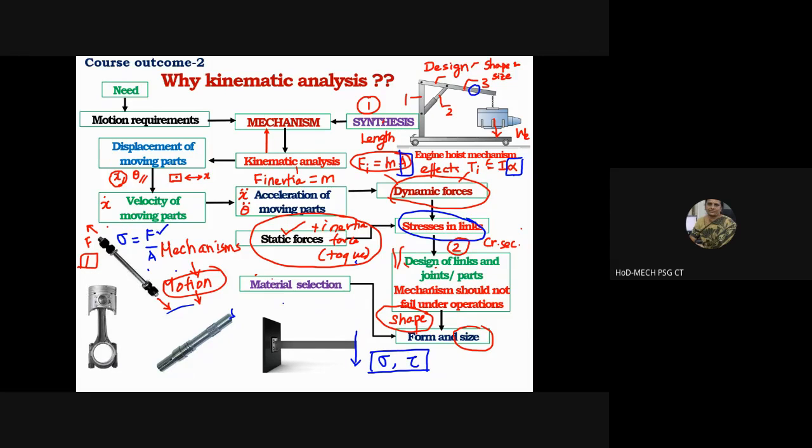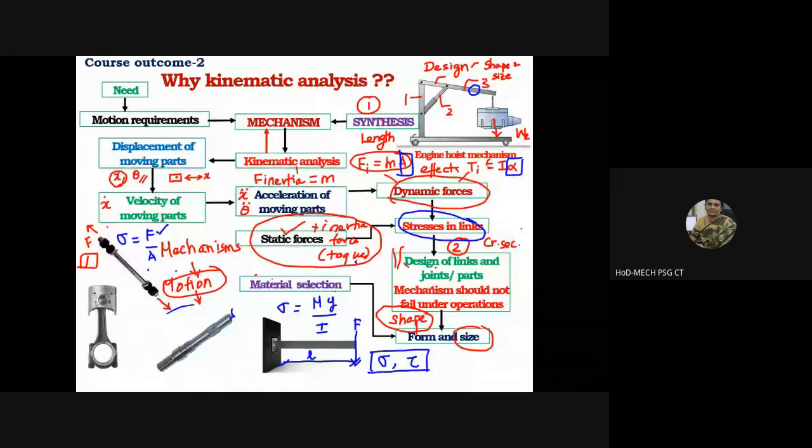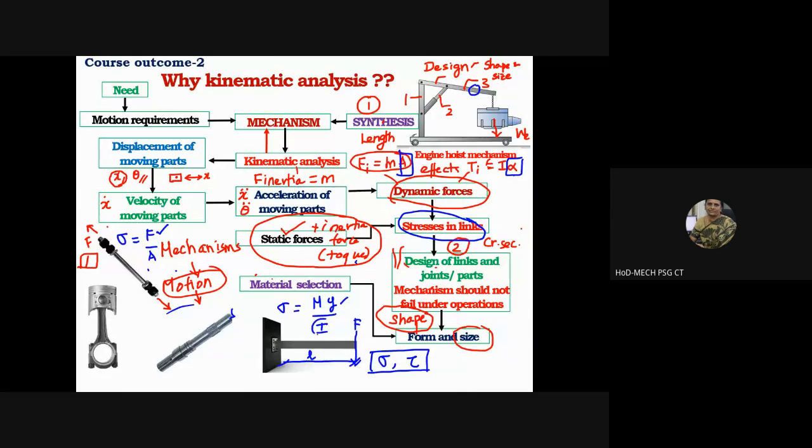For example, here the stress is given by My by I. M is the bending moment, that is the force here multiplied by this distance will give you the bending moment. F into L will be the bending moment. Y, of course, will be taught to you later on. I is called the moment of inertia of the cross section.